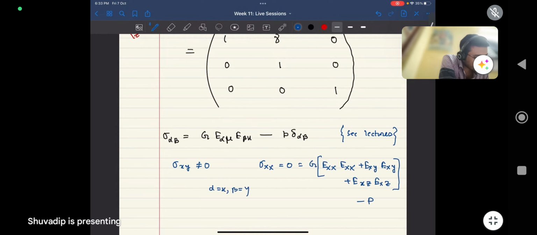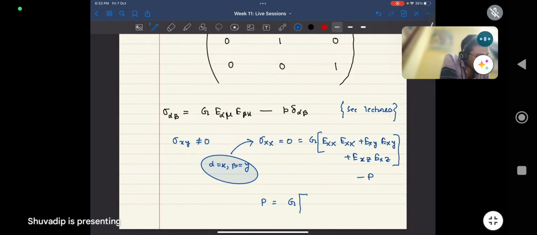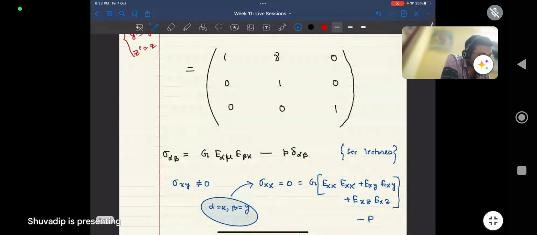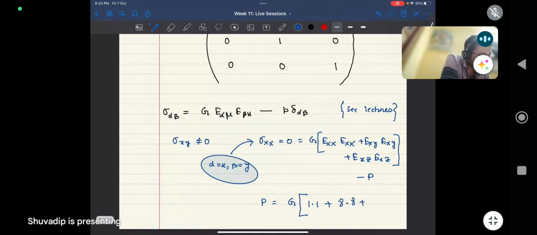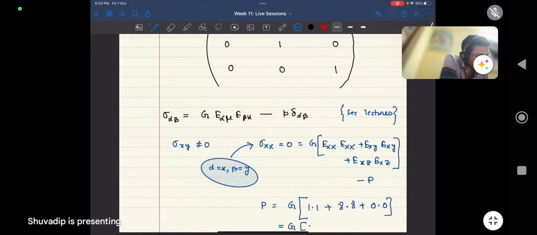We are working on this. So if I take p from this to this side, this will be G. Now exx is 1 into 1 plus exy, which is gamma into gamma, plus exz, which is 0, so 0 into 0, so it will be G into 1 plus gamma square, the pressure.